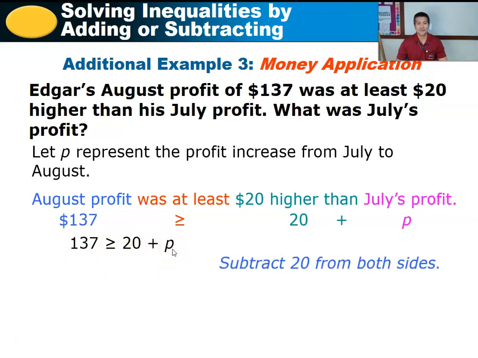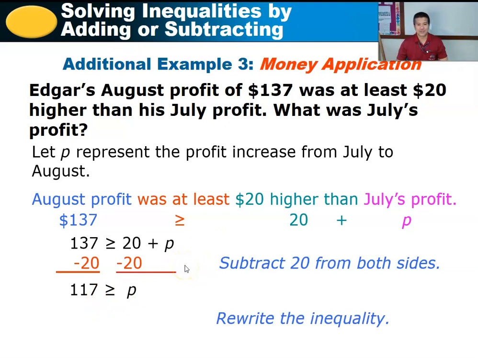Subtract both sides by 20 and we get 117. So P is less than or equal to 117, and we can rewrite it this way.